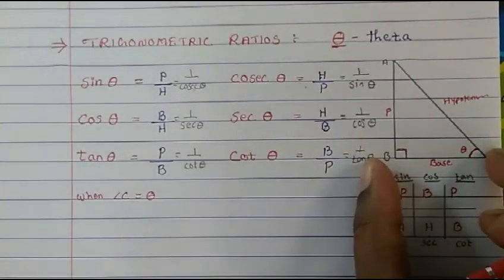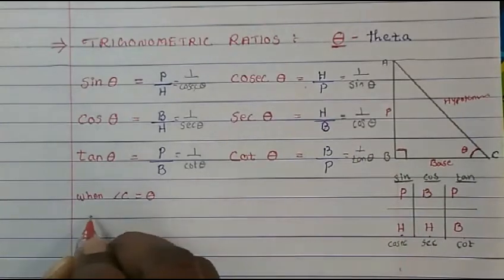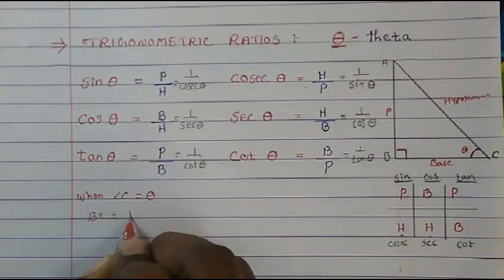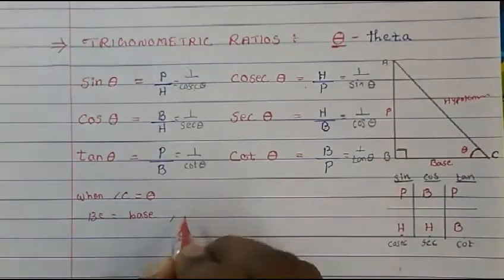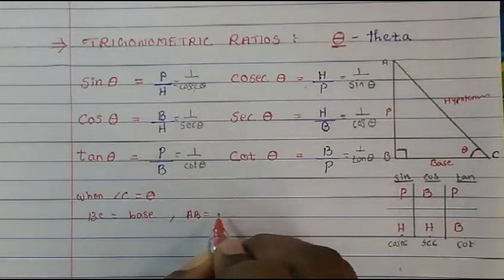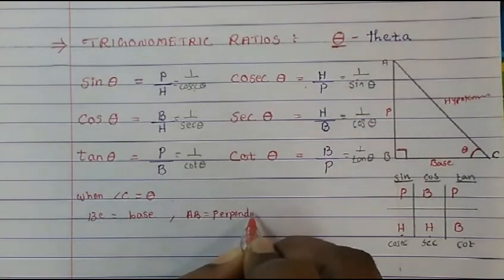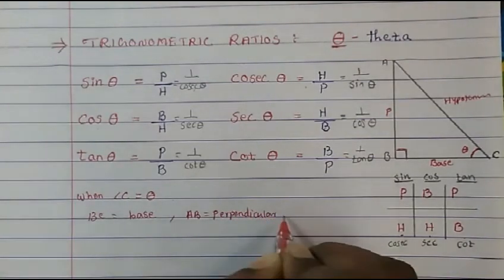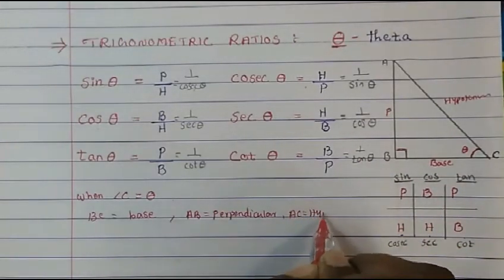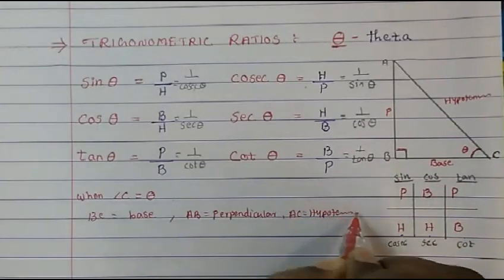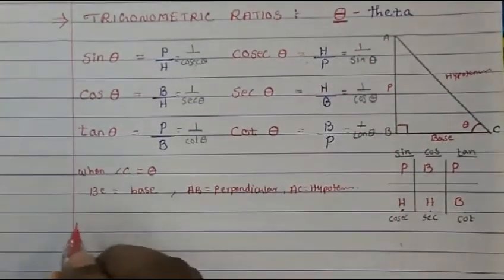BC becomes base, and AB becomes my perpendicular, and hypotenuse remains the same. AC is the hypotenuse.